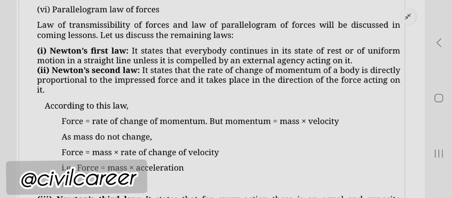As mass does not change, force is equal to mass multiplied by rate of change of velocity. Rate of change of velocity means acceleration. Therefore, force is equal to mass into acceleration. F is equal to m into a.